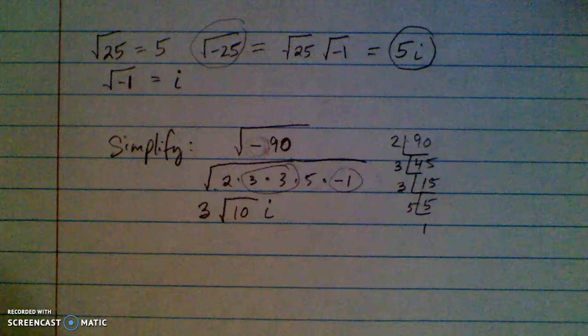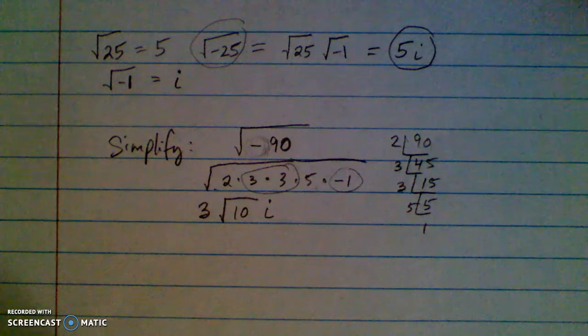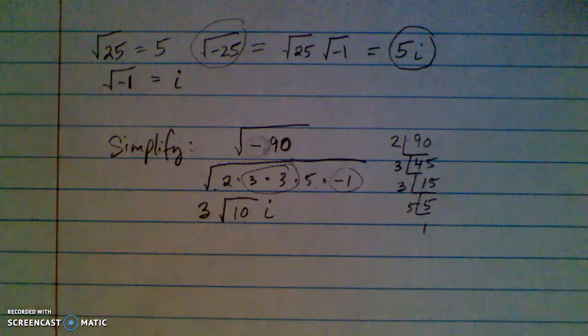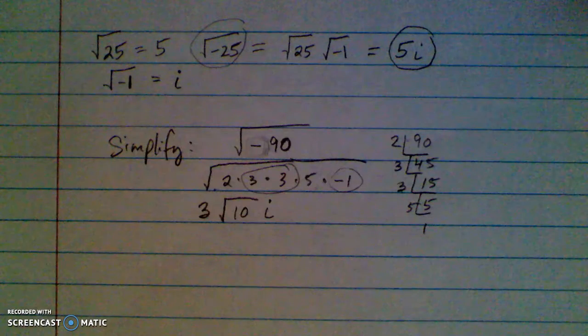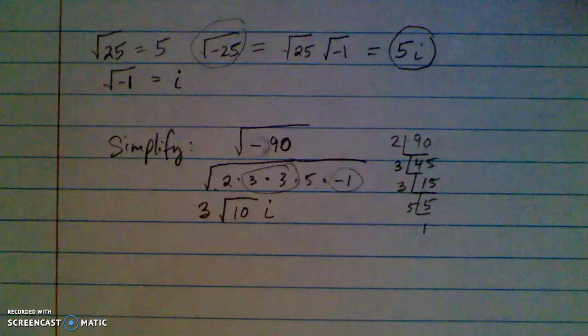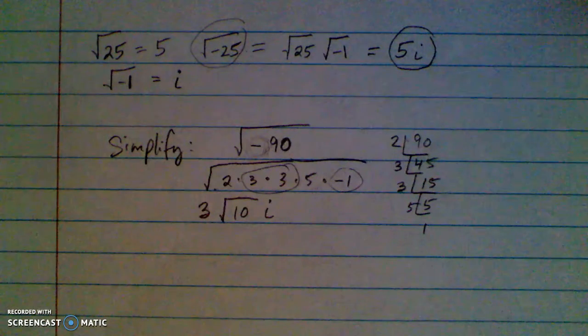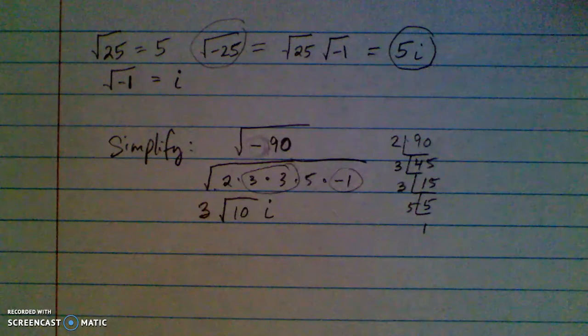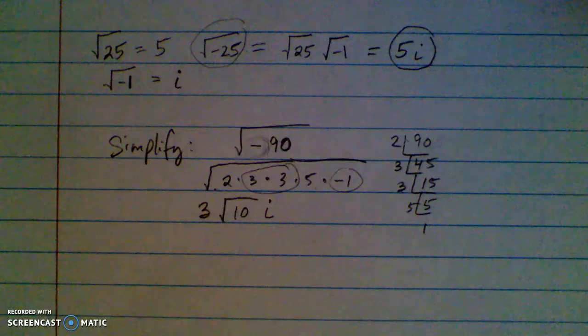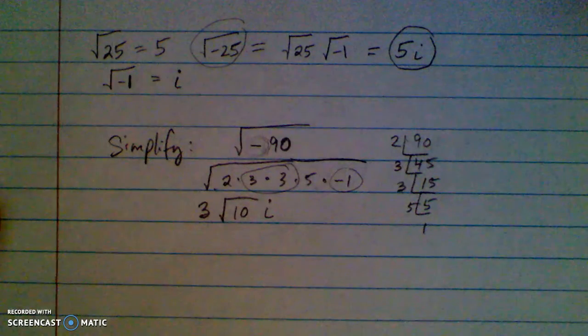Wait, why'd you do negative 1 inside and not i? Because it's still a square root. I mean, it's still a square root of negative 1, right? We're just essentially, it's almost like a shorthand for it, right? The i. So if we give a negative square root, there's always going to be i in it. Yes.